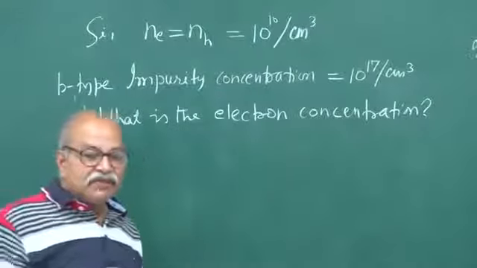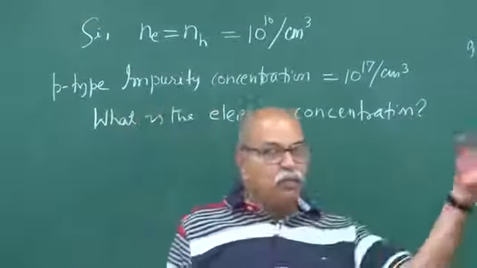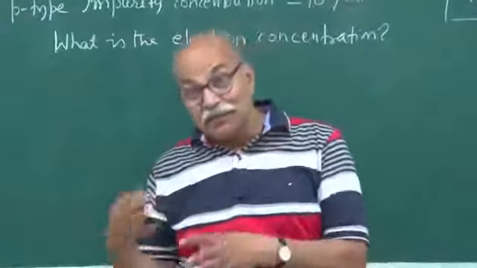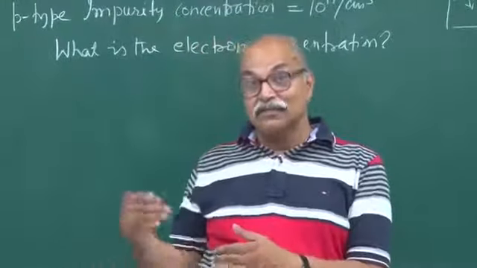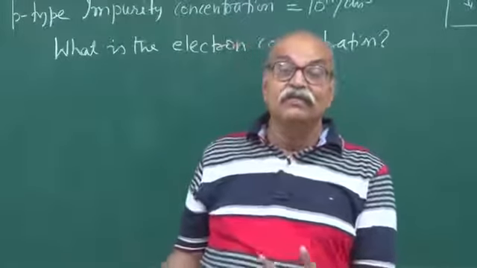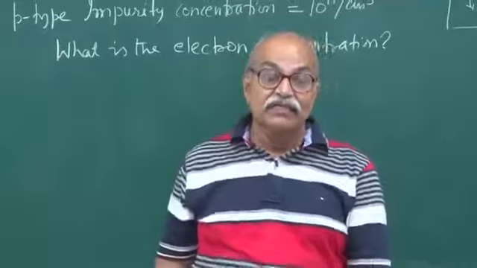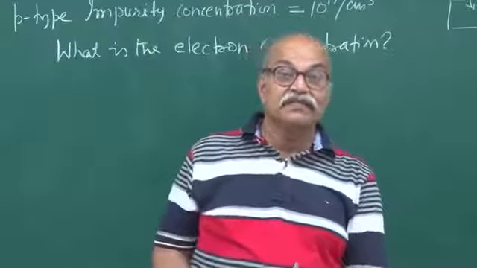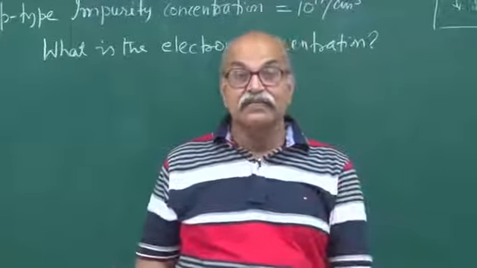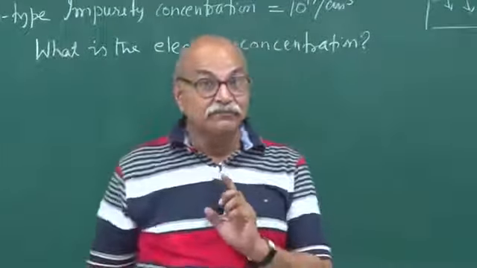So you remember when we dope a certain impurity, the concentration of the other carrier goes down because of increased hole-electron recombinations, and the product of the concentrations of those two types of charge carriers remains the same.